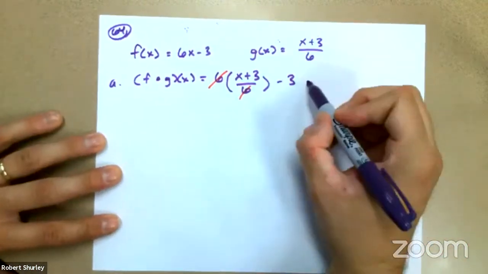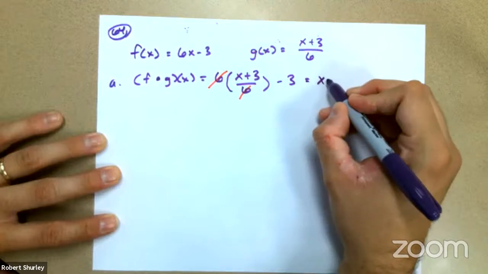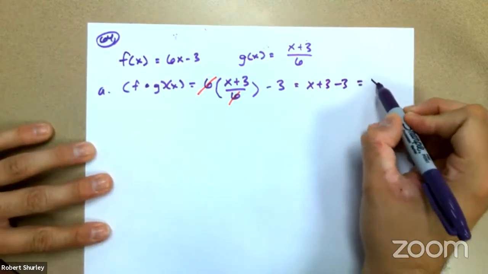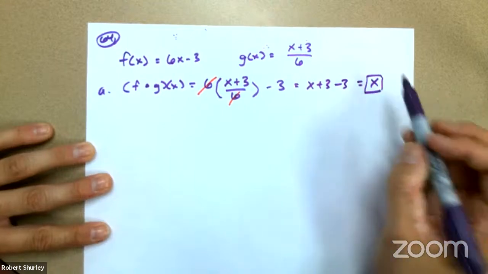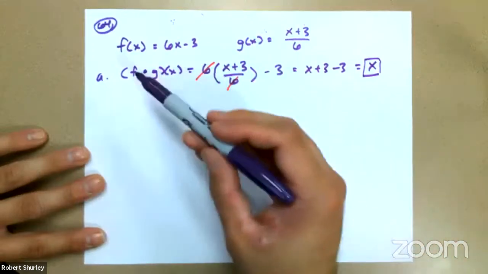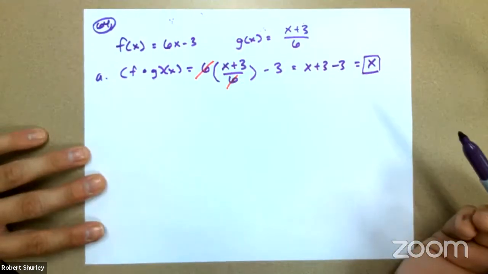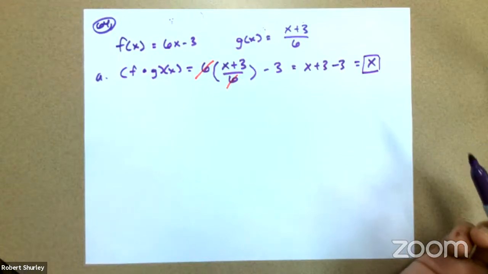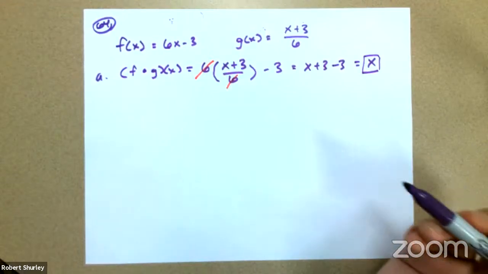So that winds up being x plus 3 minus 3. Hey, 3 minus 3 is 0, so it winds up being x. Kind of cool. This is going to mean something in our next section. When you take a composition and you wind up with x, it means we have an inverse, which we'll talk about tomorrow. But let's go the other way.